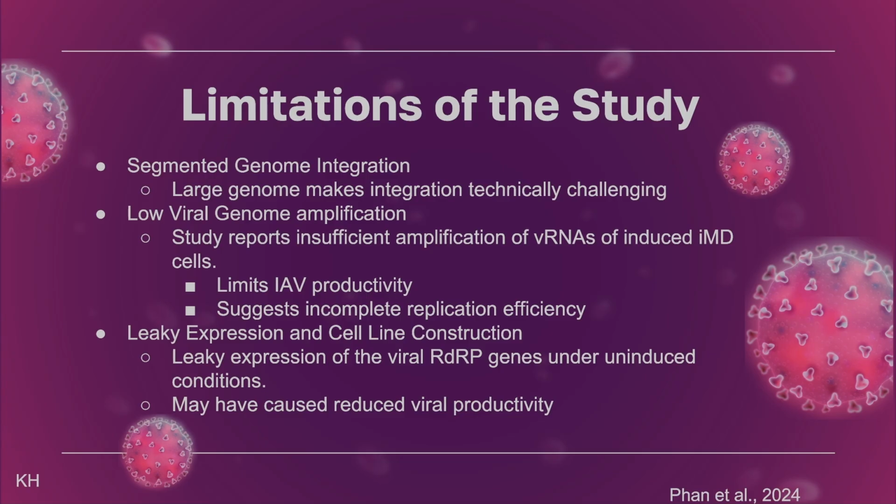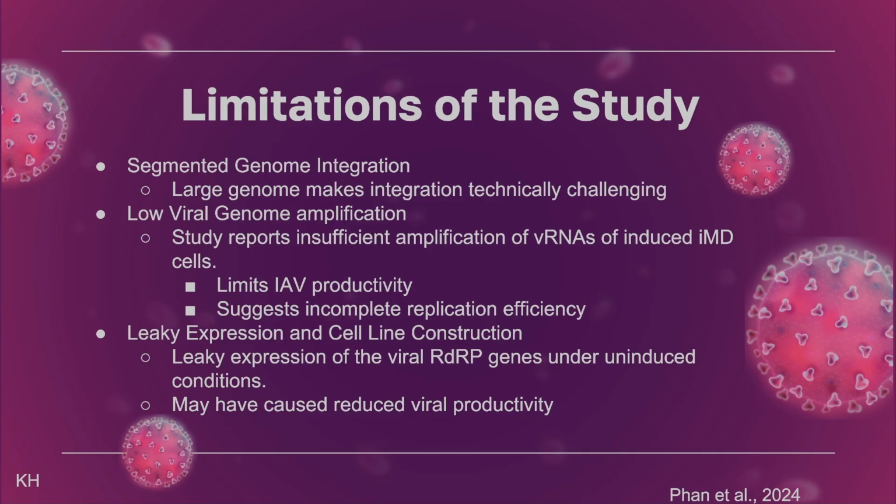First, one of the major challenges that was highlighted was influenza A's large viral genome. Having such a large viral genome does make the process of genome integration difficult. Genome integration in general is always more technically difficult.